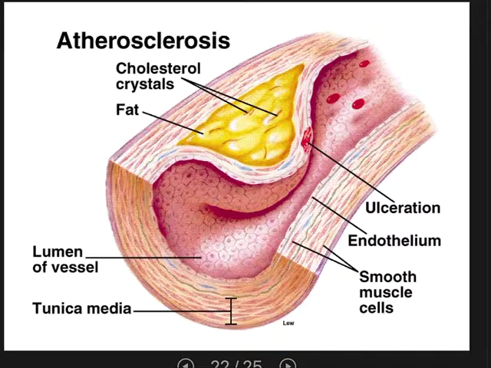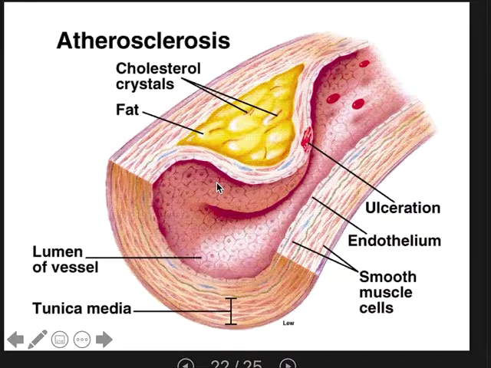I mentioned LDL. LDL is the carrier of lipids that when you have a high amount of LDL, you are more at risk to form atherosclerosis. On the other side, if you have a good amount of HDL, then you tend to remove this buildup as it's happening, so before you get a full-blown plaque.